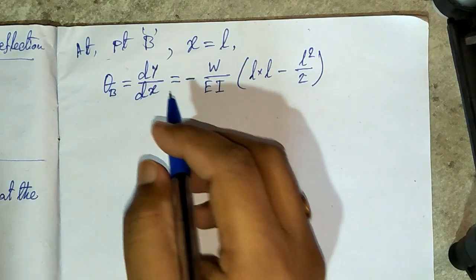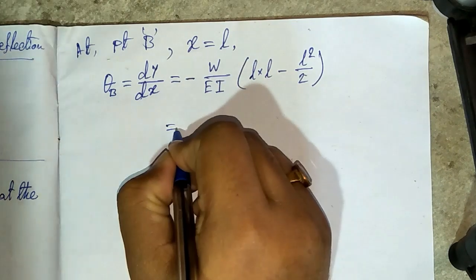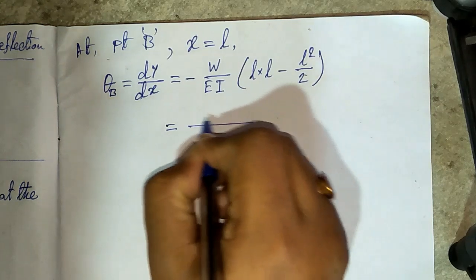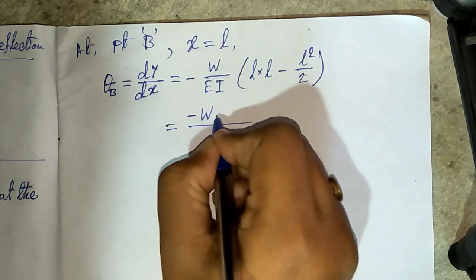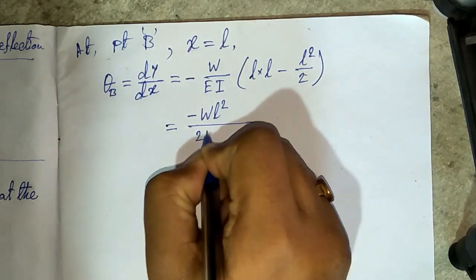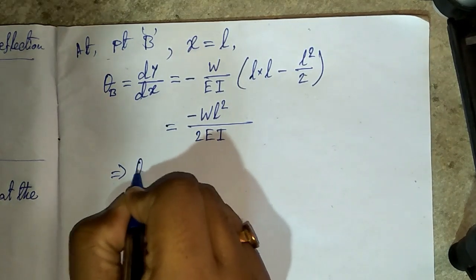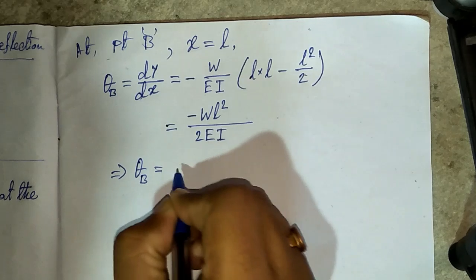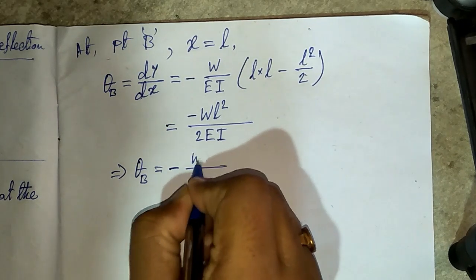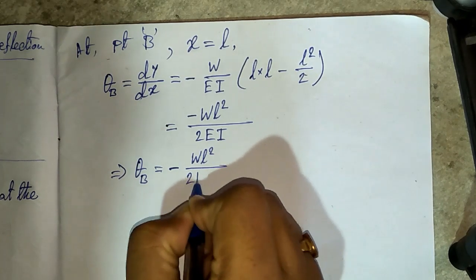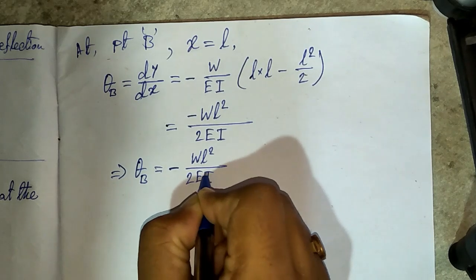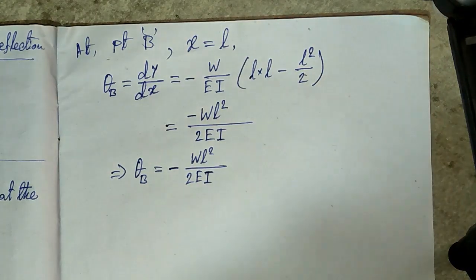So the value of the slope theta b becomes minus WL square by 2EI. The magnitude of the slope at point B is WL square by 2EI.